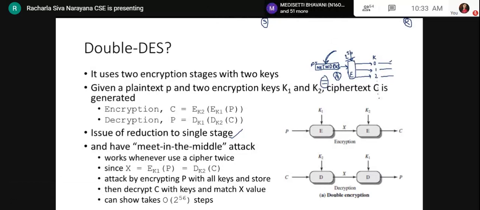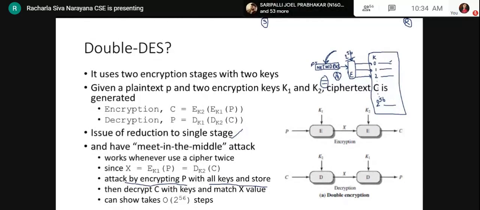He applies all 2 power 56 possible keys on this plain text block and gets 2 power 56 different cipher texts. These values are stored in one table. So the attacker encrypts the plain text with all keys and stores the results in a table.